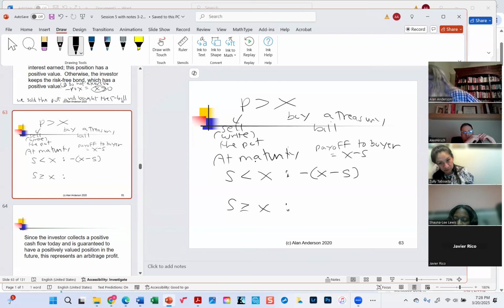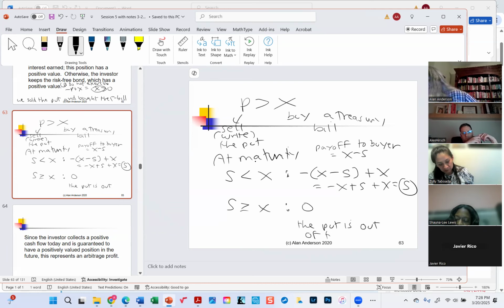So therefore you have negative. But remember, you do own the treasury bill. So you end up with S, which is clearly positive. In the second case, the option is out of the money. So you end up with 0 plus X, which is X, which again is positive.